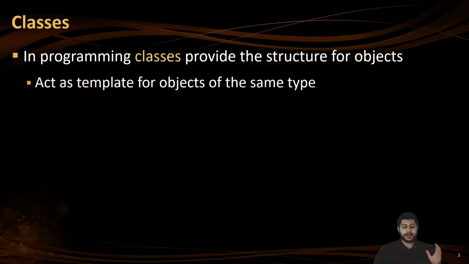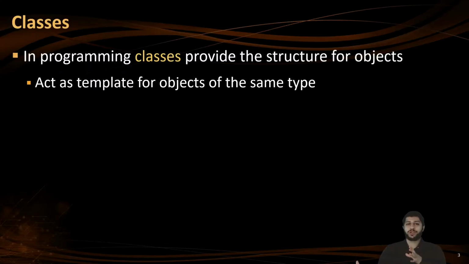Now, a class is a way to provide structure to these objects. It's a template. Without this template, you cannot create objects. And this template is just like a data type. So if you have a car class, you can create many car objects.